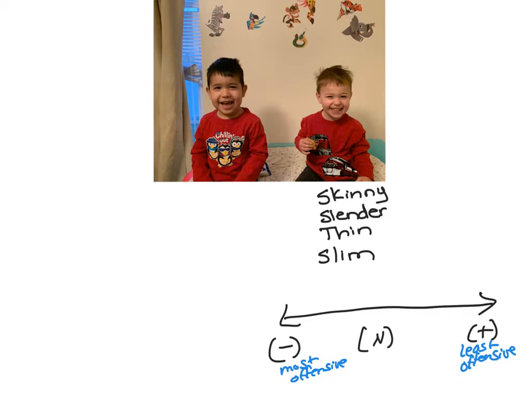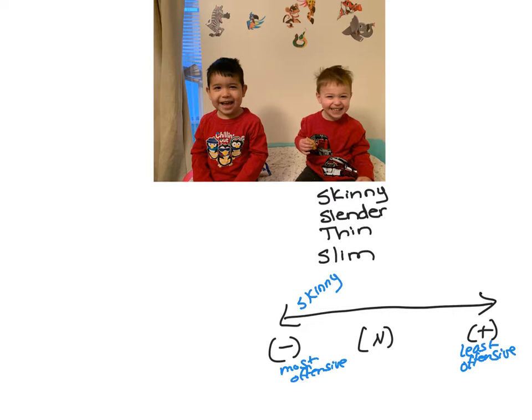Okay. Looking at your class, neutral, okay, what would you have done in neutral? If you think about positive versus negative connotation, most offensive, if you had said, man, Riley looks so skinny, I probably would have been like, no, he's not skinny. Okay, because skinny to me brings to mind the picture of someone who doesn't eat. And you're like, so you're telling me I'm not feeding my child?